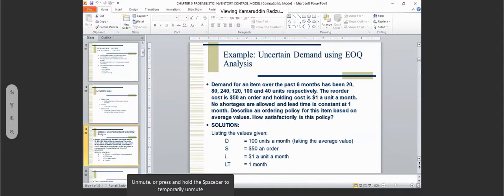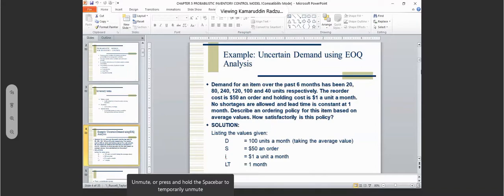So, for example, here we have the demand for an item for the past 6 months: 20 units, 80 units, 240 units, 120 units, 100 units, and 40 units respectively for each month.